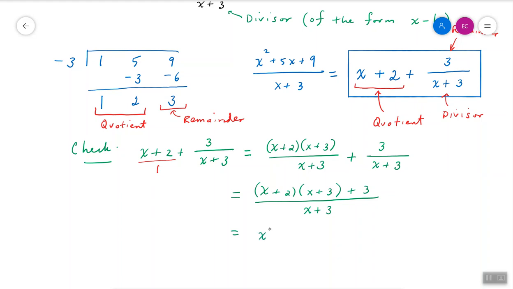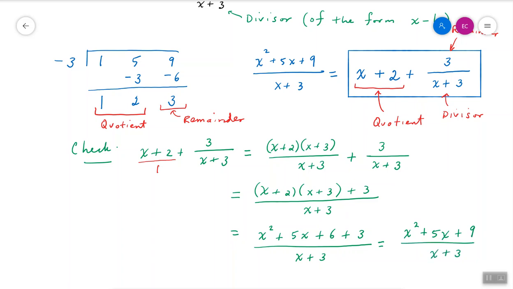In the numerator, we get x squared plus 3x plus 2x is plus 5x, and then 2 times 3 is 6, plus 6 plus 3 over x plus 3. And then you have like terms 6 and 3. You can put those together, and you can write your answer as x squared plus 5x plus 9 over x plus 3. And sure enough, that's exactly what we started with.